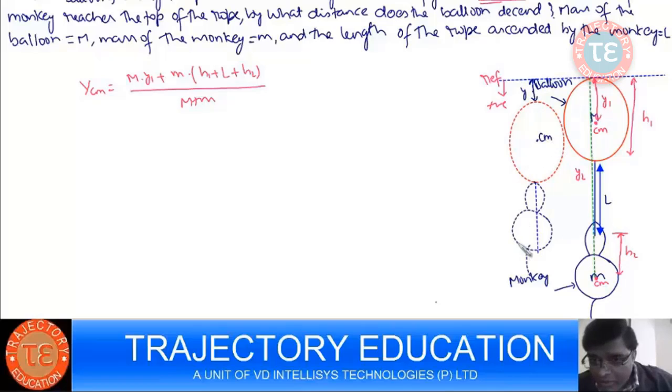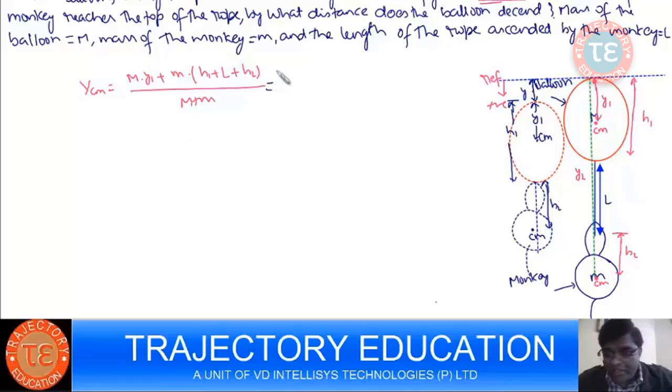This is the center of mass of the balloon. The monkey is here. So this is the same h2, and this length is going to be h1, and this is, say, y1.